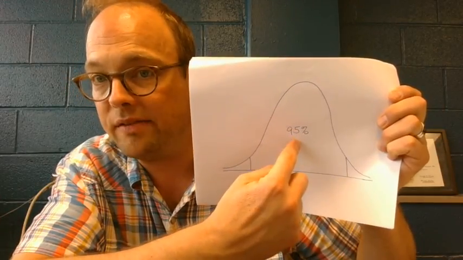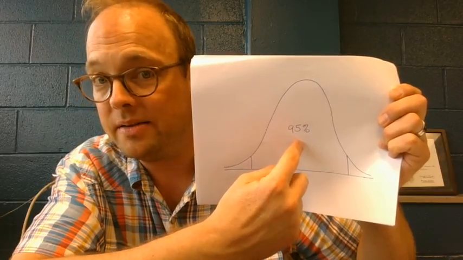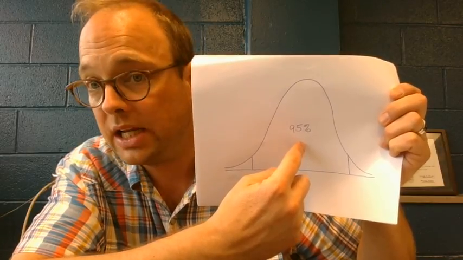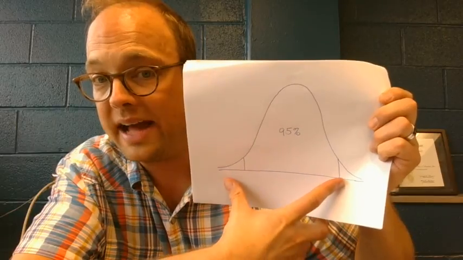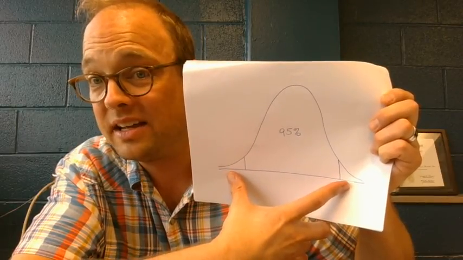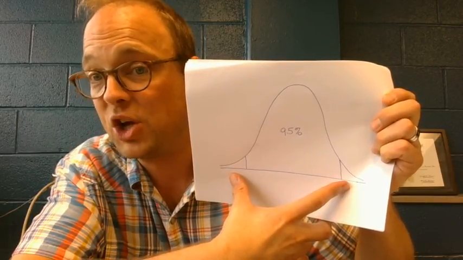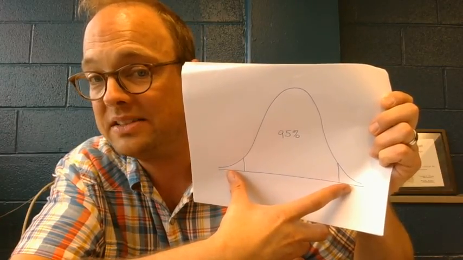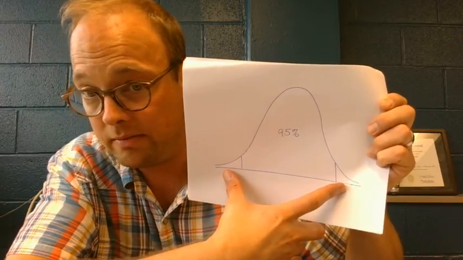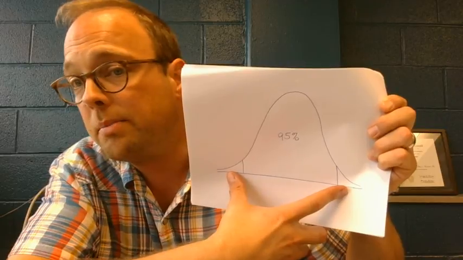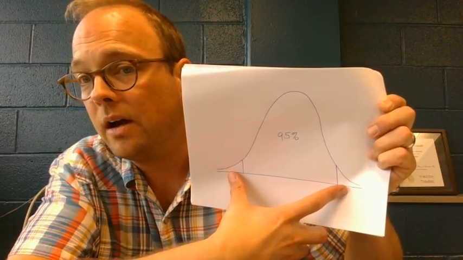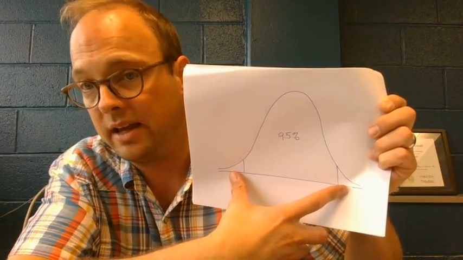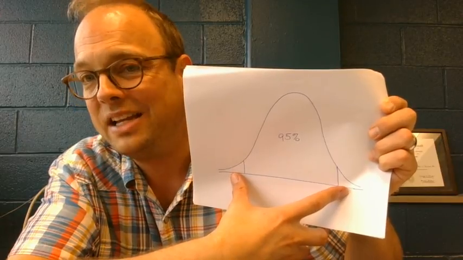Because if this is 95%, and due to the property of symmetry, we know that what's left has to be 5% total. So if we know that both these pieces together are a total of 5%, how much does each piece have to be separately?